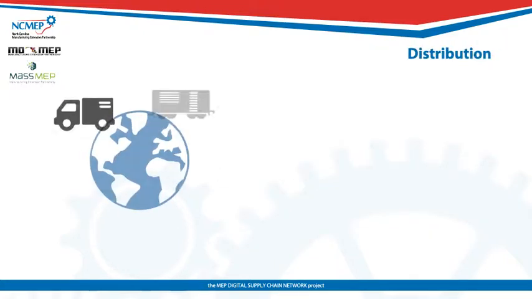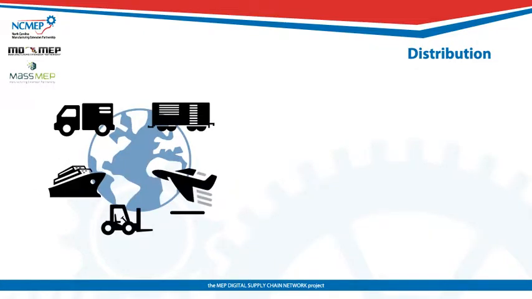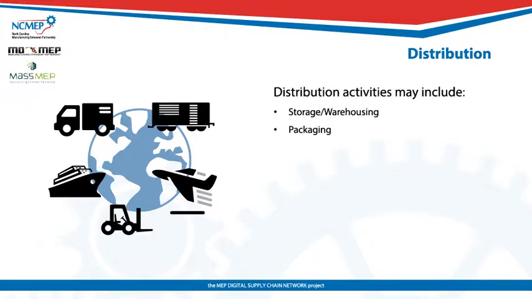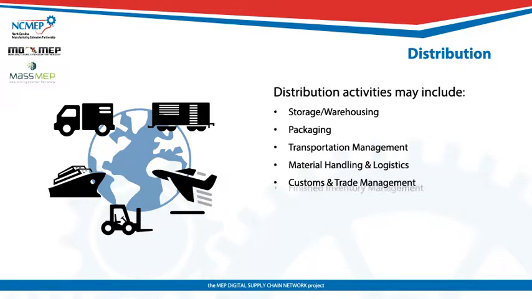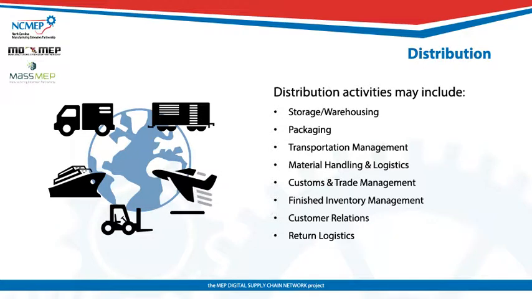The next stage in the process is distribution, and the spectrum of distribution activities can include everything from storage and warehousing through transportation, logistics, customs, foreign trade, inventory management, and even return logistics. Customer relations is also an important part of the distribution process. Many of these steps can benefit from digitization, but what does that mean?